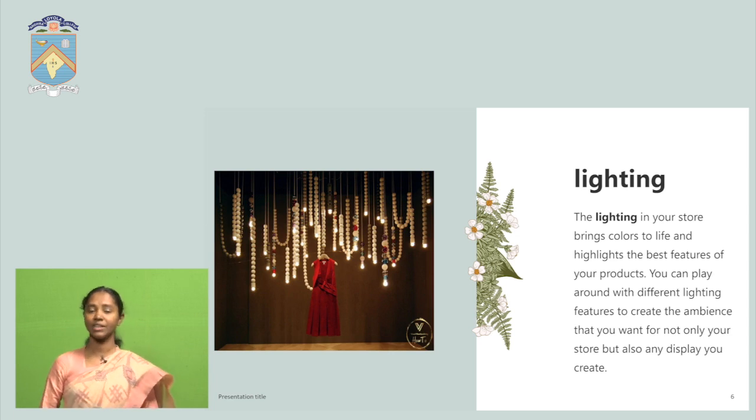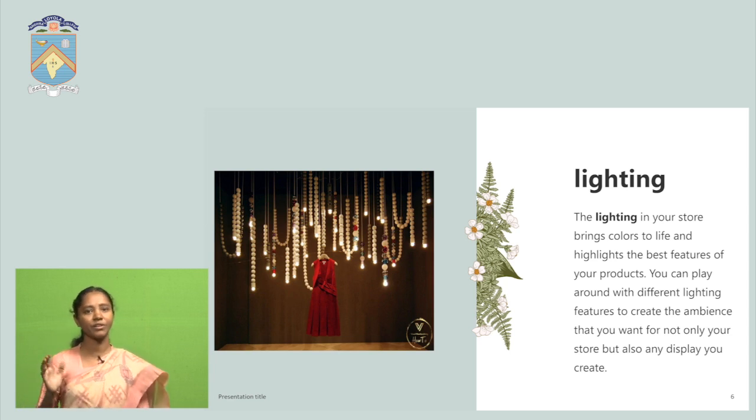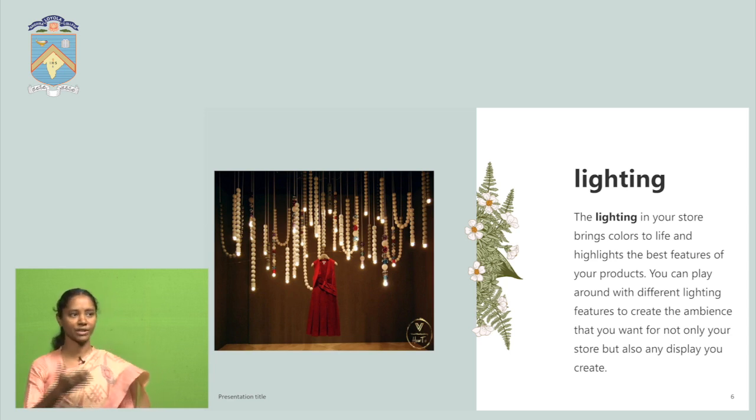Because the lighting we maintain in that store is reflected in the eyes of the customer. In the picture I showed, the lighting projected on that particular piece enhances the value of that product. So, lighting is one of the important elements.